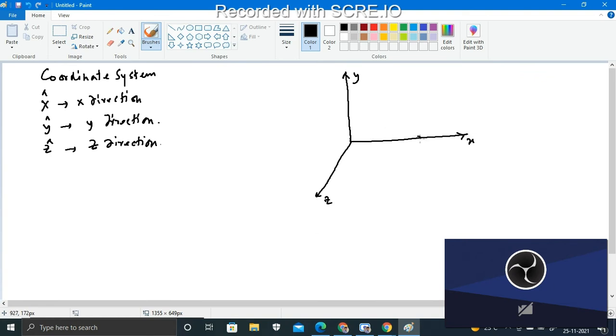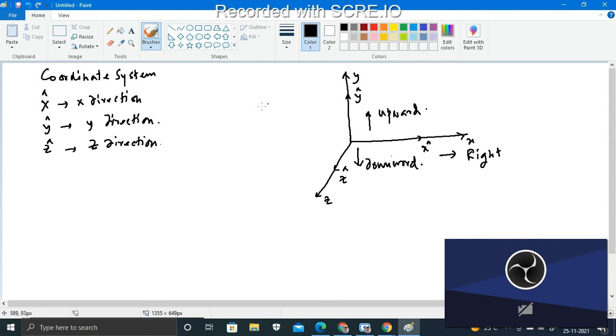So my unit vectors lie along these particular axes. In the coordinate system, the x direction is to the right, and the y direction is upward, and this one we can consider downward.